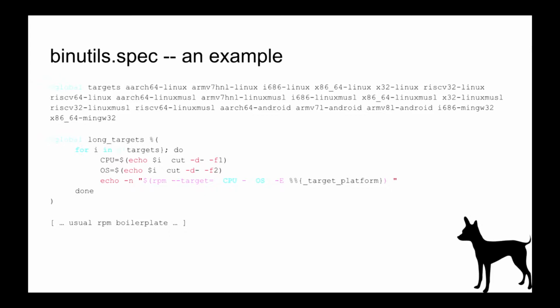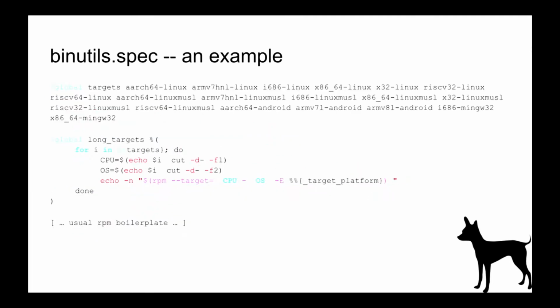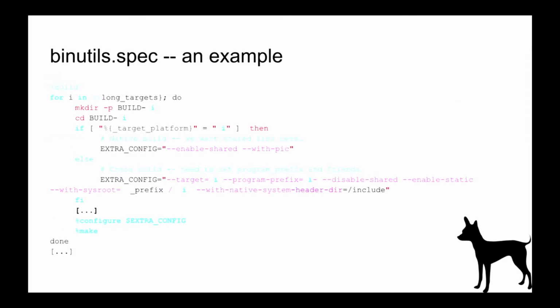Now, next in that spec file is the usual RPM boilerplate, so I'm not putting that here, that's just what's always there. But then the build process becomes interesting again. Essentially we go over all the targets that were defined in long targets, which is the result of this macro, which is the versions of the toolchain names for the GCC binutils and friends.